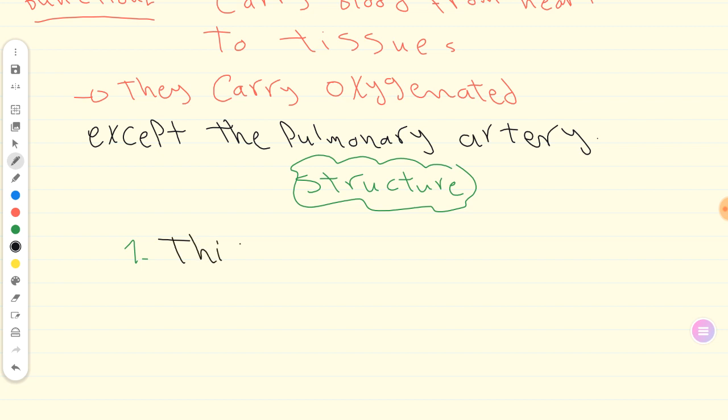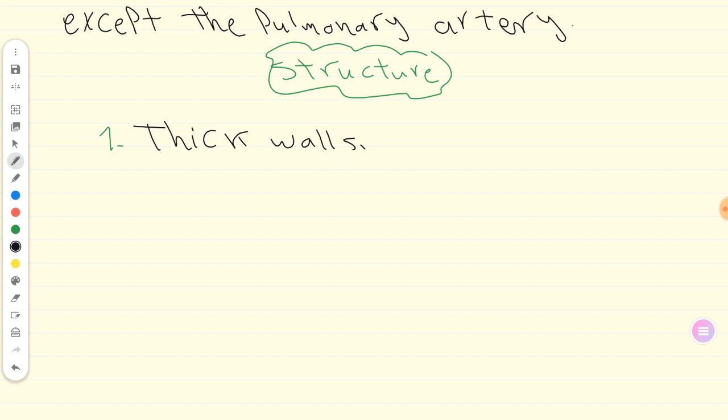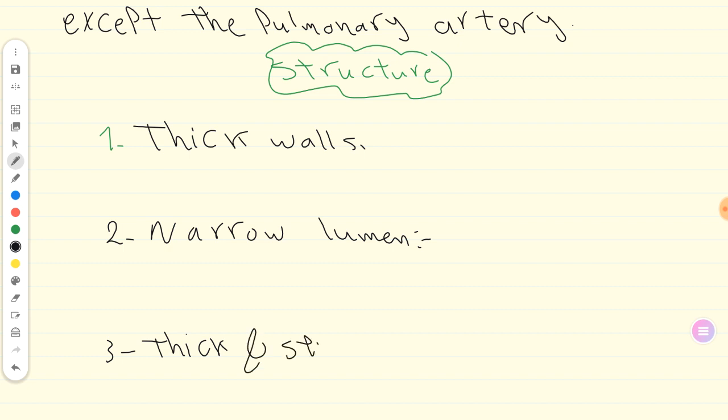They have thick walls and narrow lumen, and they have thick and strong muscles with elastic fibers.